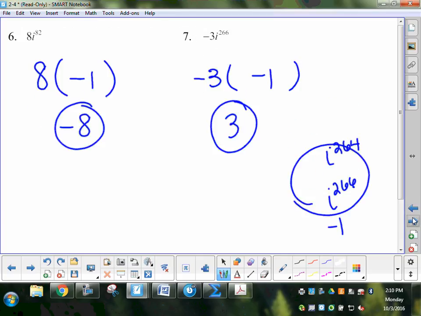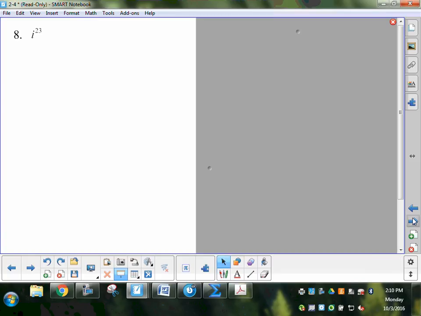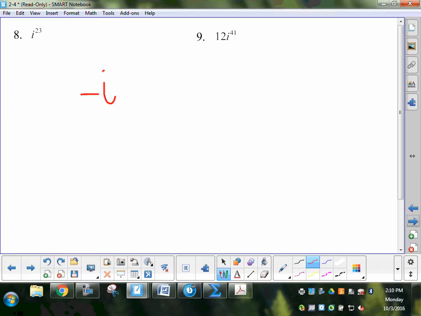Oh, hello. i to the 23rd, hands up please, and you can tell me what i to the 23rd is going to simplify to. Again, think about your multiples of 4. Where is this going to put me? -i is correct. You could have used 20 or 24. What about i to the 41st?